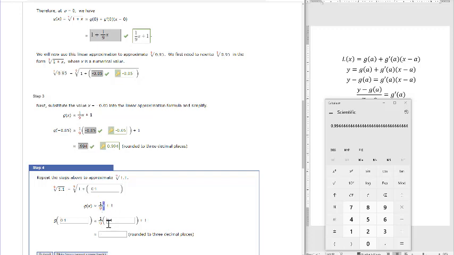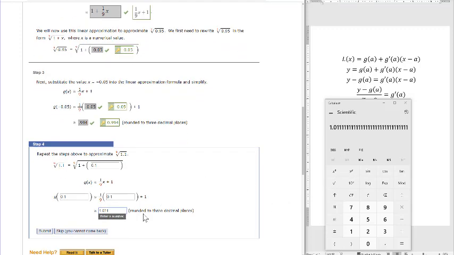It's a positive 0.1 this time. So now I have 0.1 divided by 9. And then I'm going to add 1 to it. So I round off to 3 decimal places. It's 1.011. A 1 keeps going forever, so that's all we need.